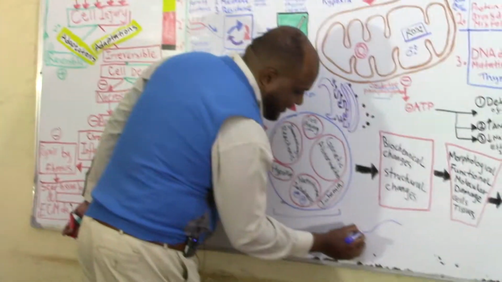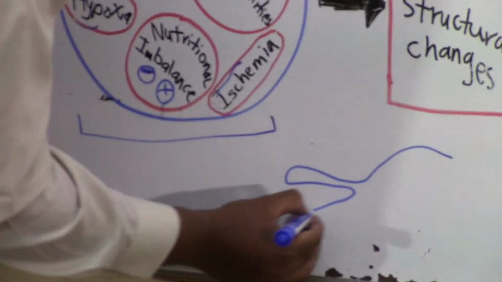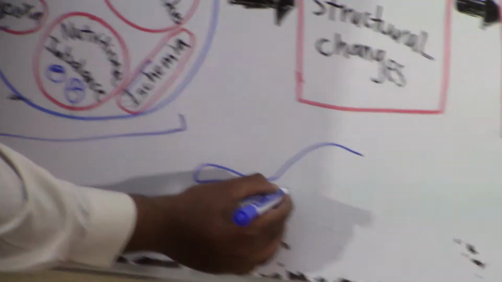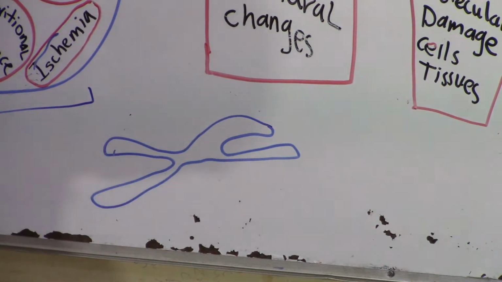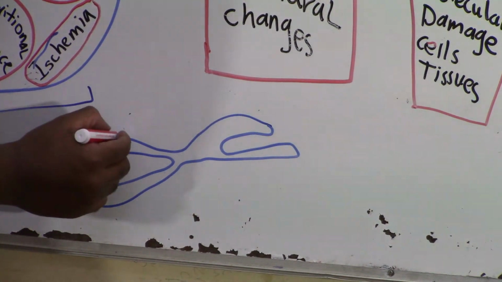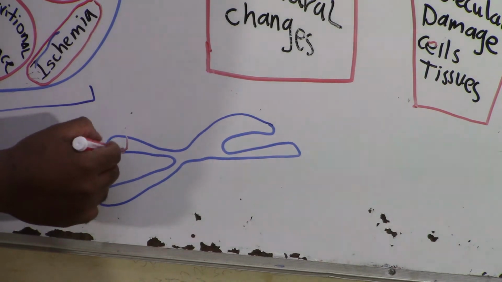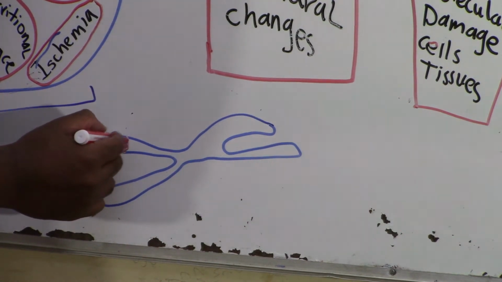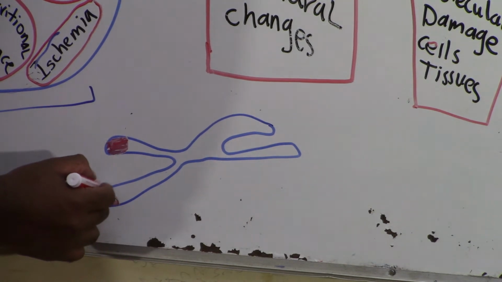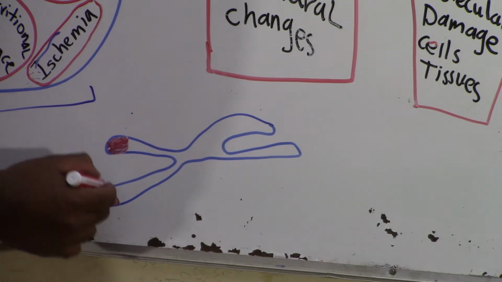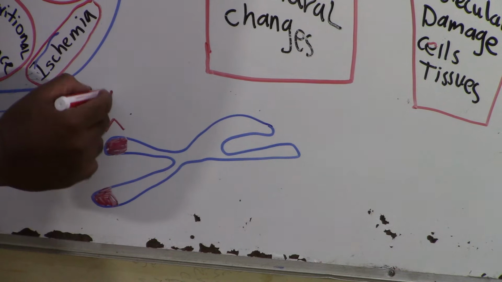So we have, at the end of our chromosomes, a non-coding sequence that is duplicated during replication. This terminal sequence is called a telomere.